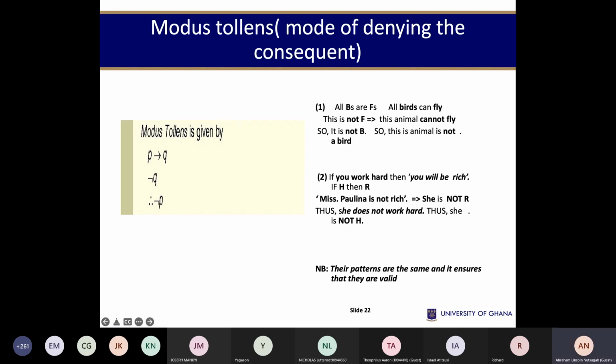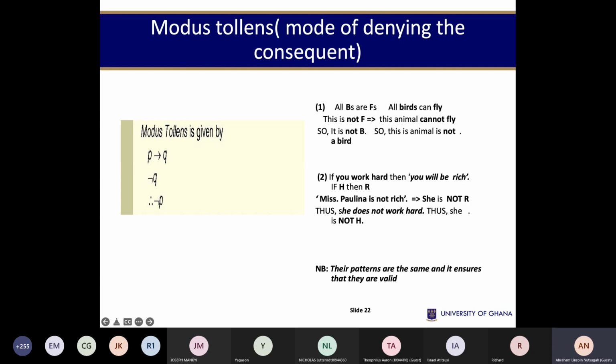I think it's better now, so let me continue. Yeah, so I was talking about modus tollens, the mode of denying the consequence. Now, when you look at P and Q, P is the antecedent, and Q is the consequence.